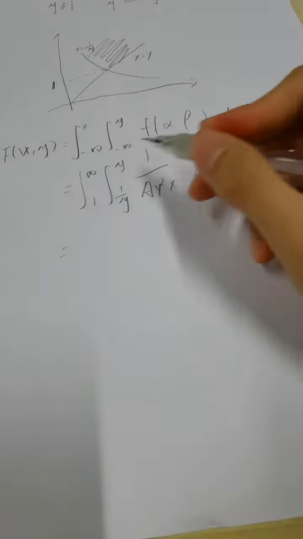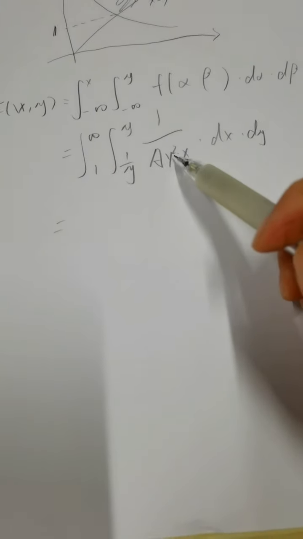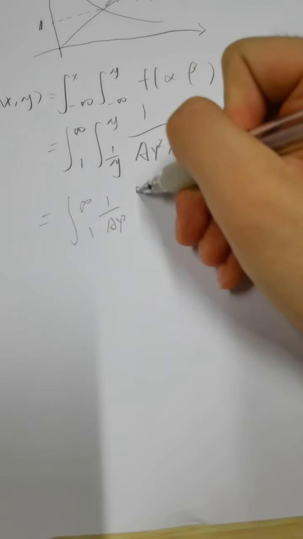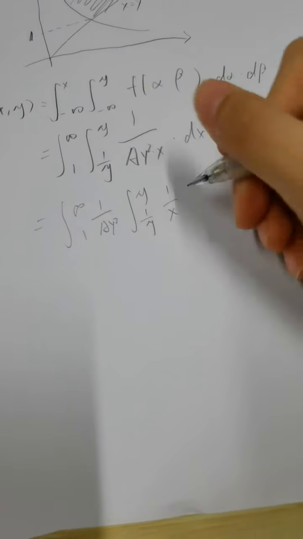After that, we integrate with respect to x first. Since we integrate x first, we don't care about a and y squared, so we can directly move them out: 1 over a y squared times the integral of 1 over x dx dy.